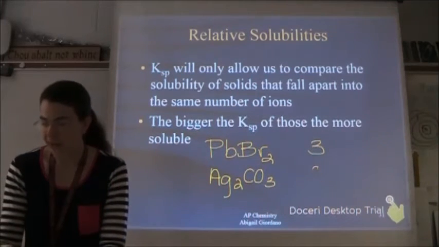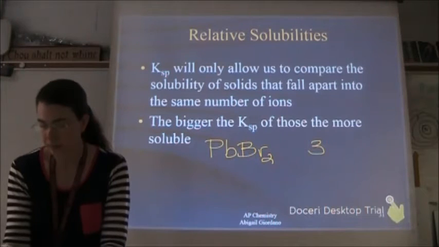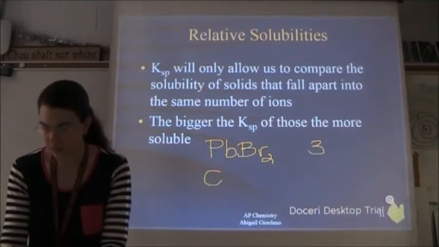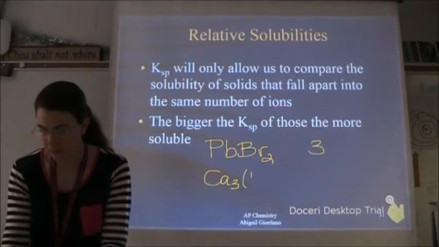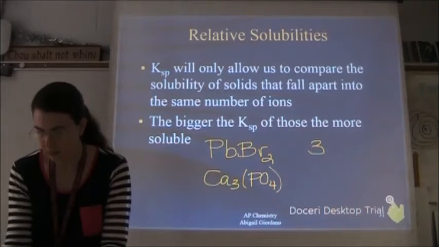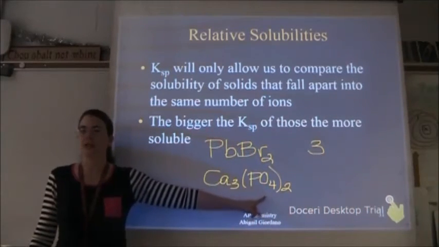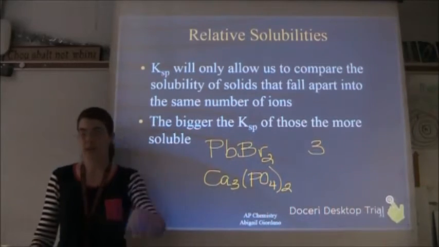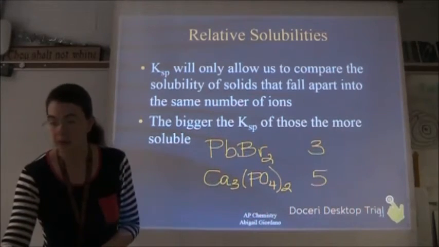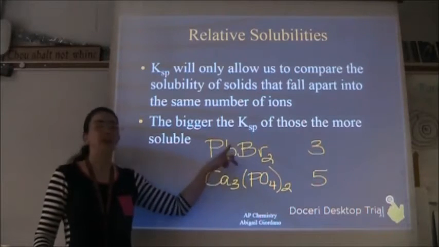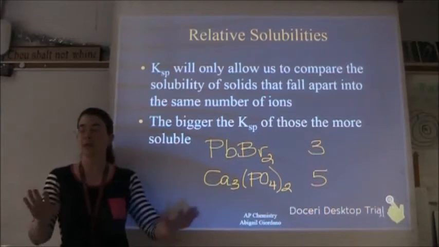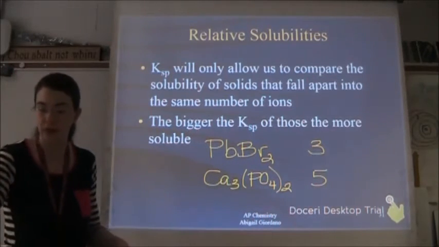But what if I had this? How many ions does that salt break down into? 5. If I was comparing these 2, I cannot simply compare their KSP values. So what do I do?